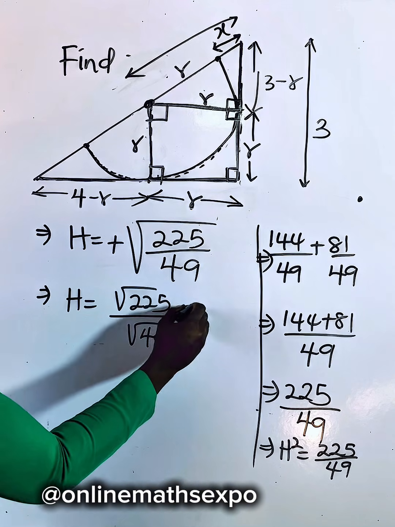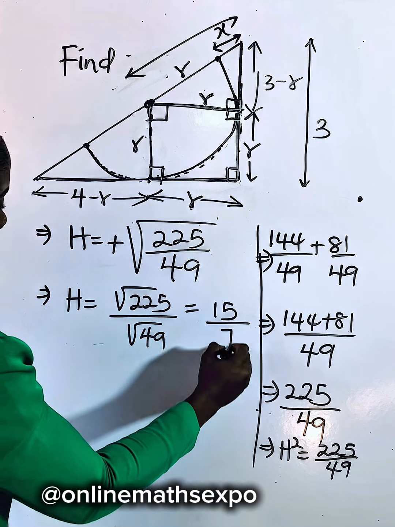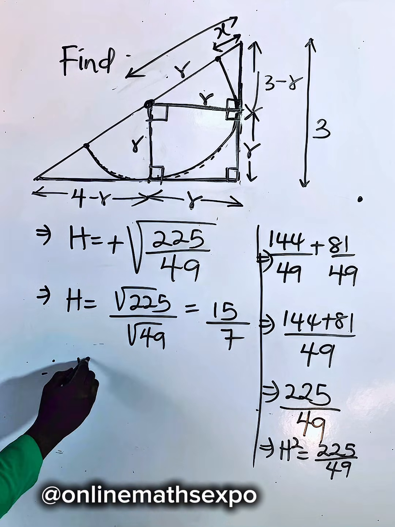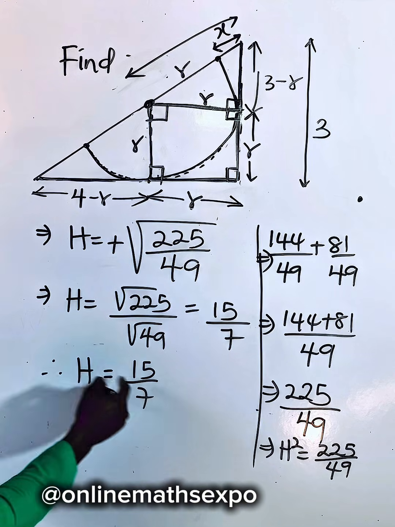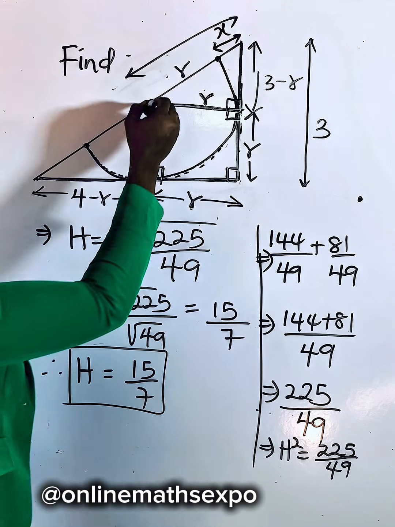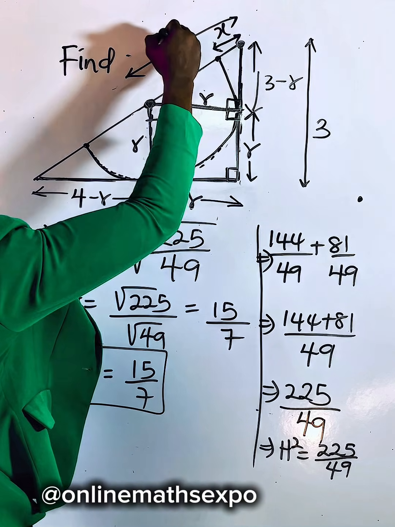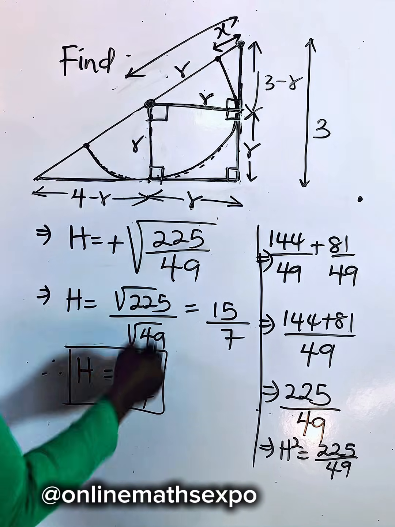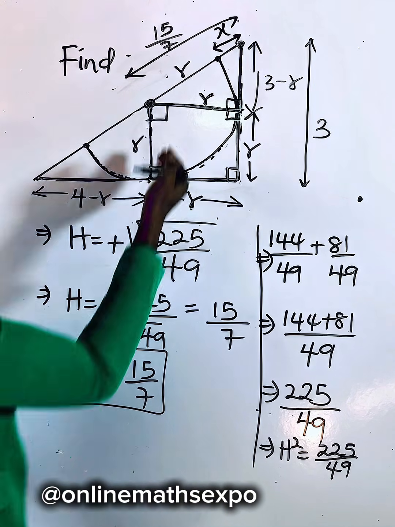And the square root of 225 is 15. Square root of 49 is 7. So in that case, the hypotenuse is 15 on 7. So this gives us the hypotenuse. And remember, the hypotenuse is from this end to this end. That is the length.